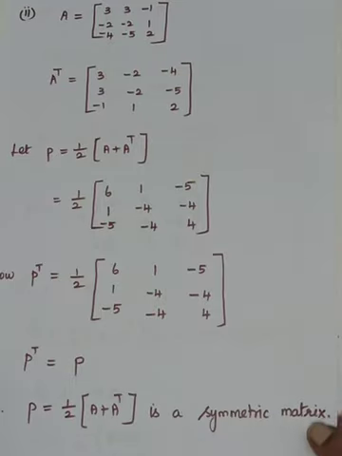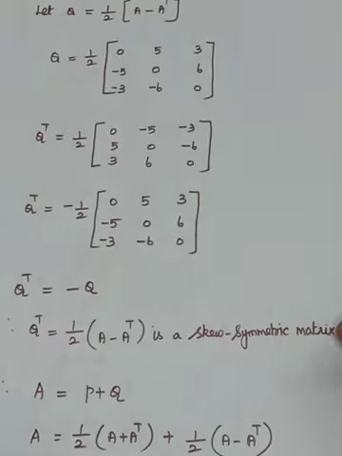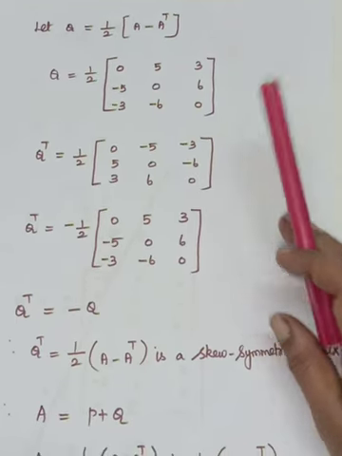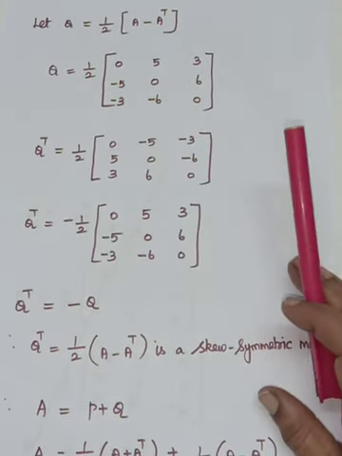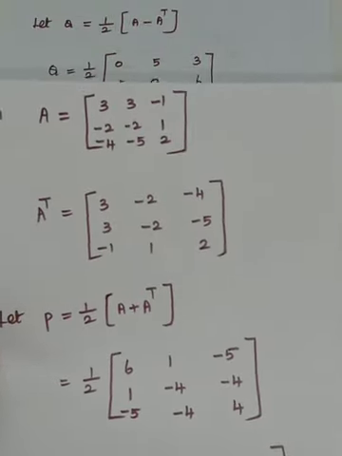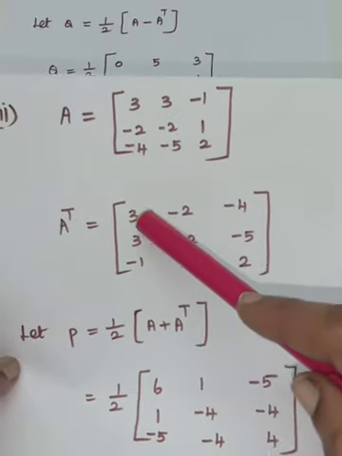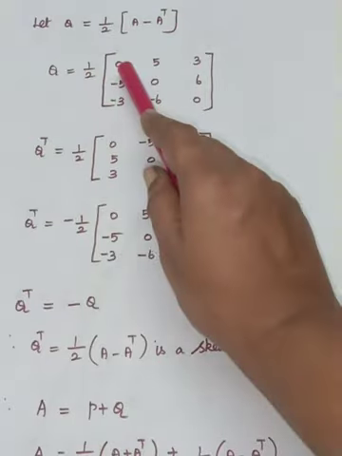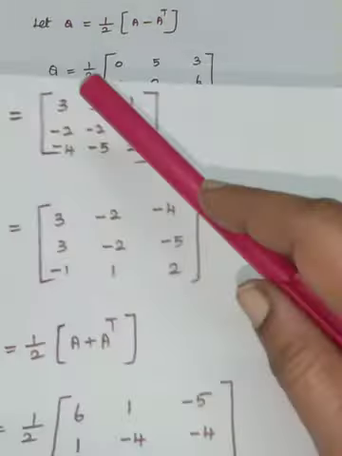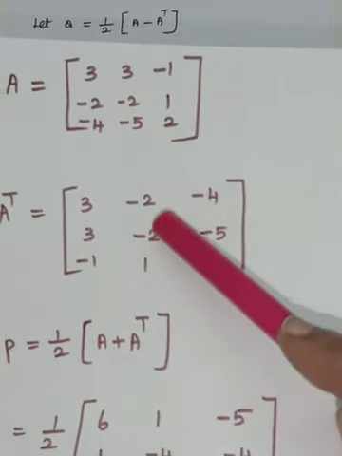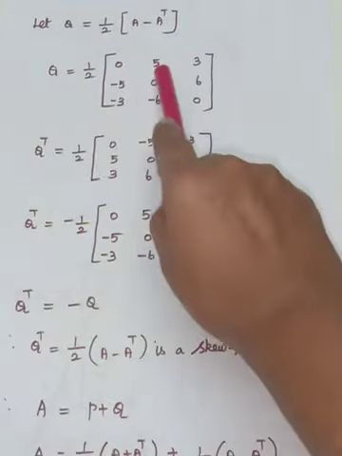In the same way, you have to take Q. What is Q? Q is equal to half into A minus A transpose. So both the matrices have to be subtracted. So A transpose has to be subtracted from A. So 3 minus 3, that is 0. Okay, next one. 3 plus 2 was 5.